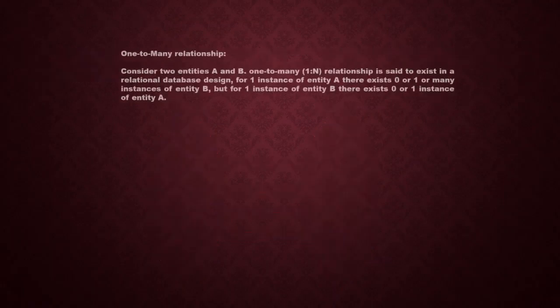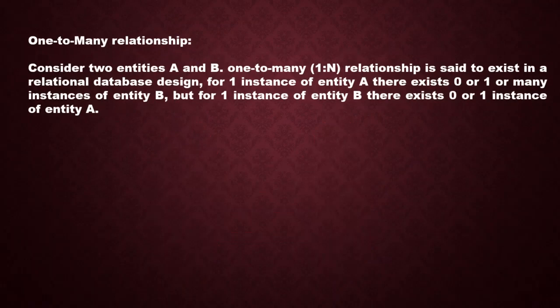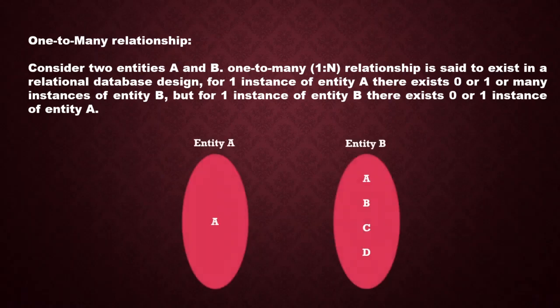Let us see about one-to-many relationship. In one-to-many relationship, the entity of A database is related to many of the entities in the database 2. Let us see an example.